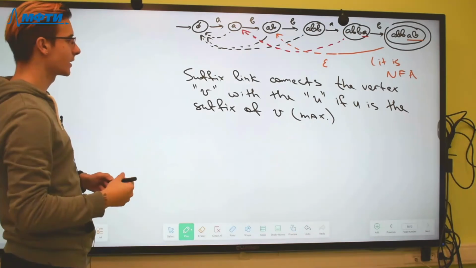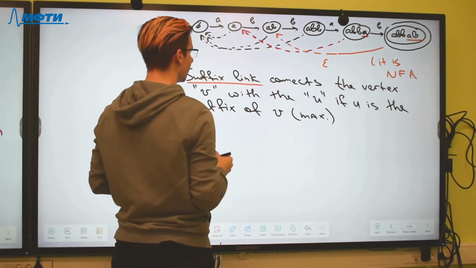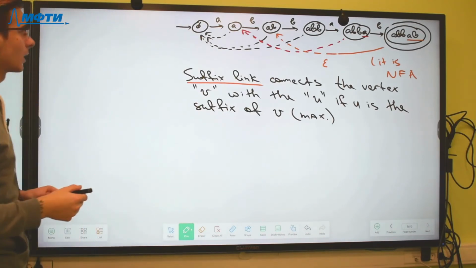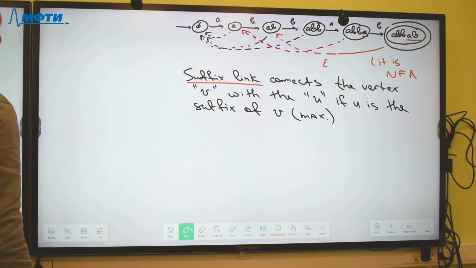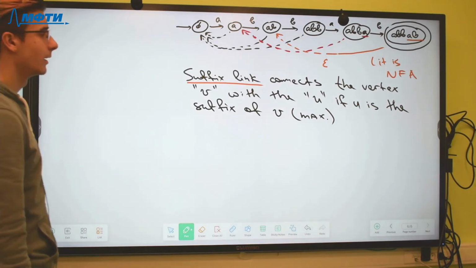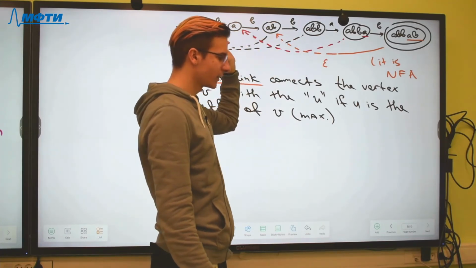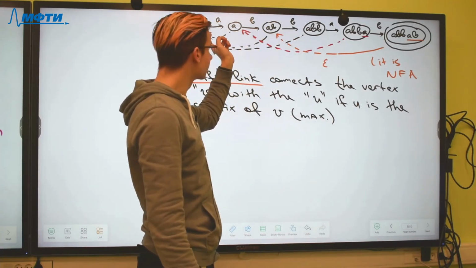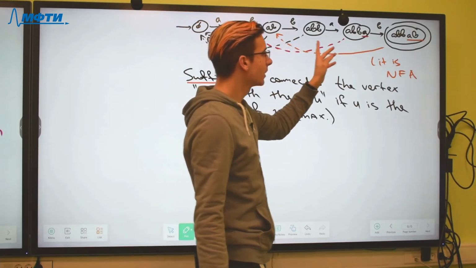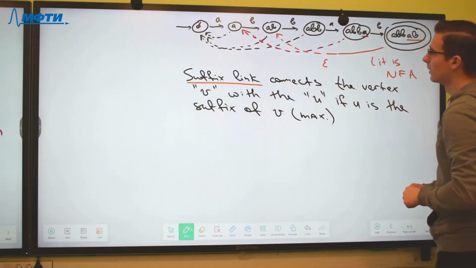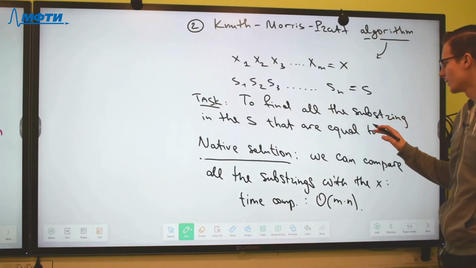So to construct it, we need to find all of the suffix links, and if we construct it, then by the online algorithm we can go through it and find all the states for all the prefixes of the string, and then return to the task to find all the substrings.